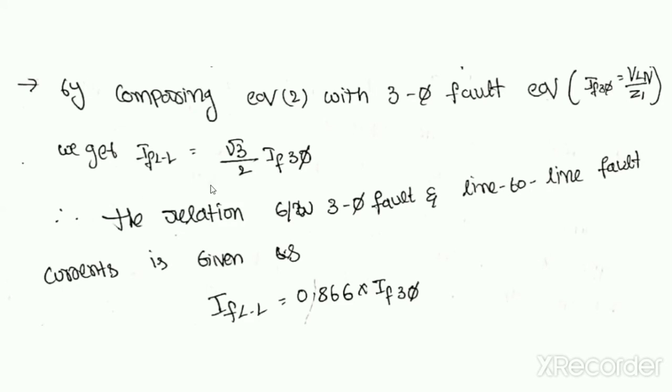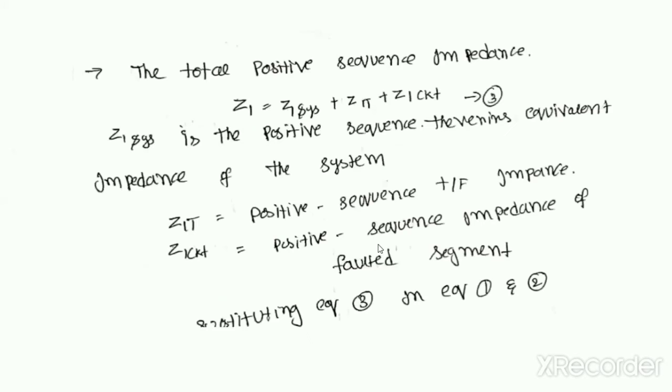The value of root 3 by 2 is 0.866 times IF three-phase. This is the relationship between the three-phase faults and the line to line fault currents.